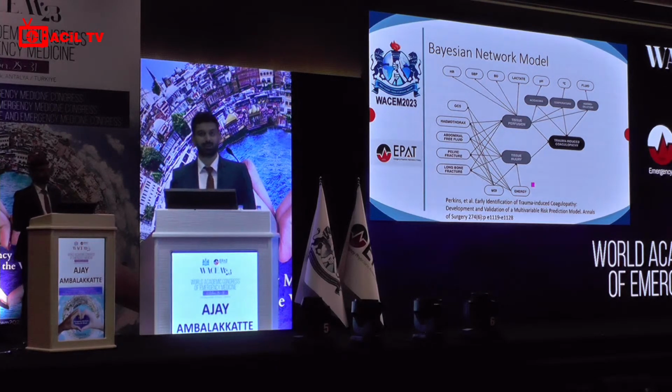These were the drivers which we have discussed in the pathophysiology of early trauma-induced coagulopathy, and they looked at other things which could contribute to this mechanism. They did a Bayesian network model, and this has a sensitivity of 90% and a specificity of more than 92%.